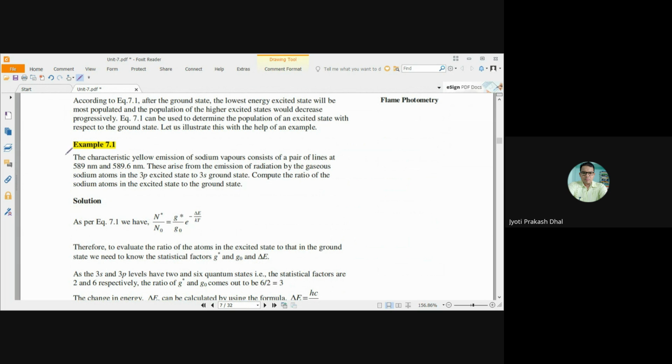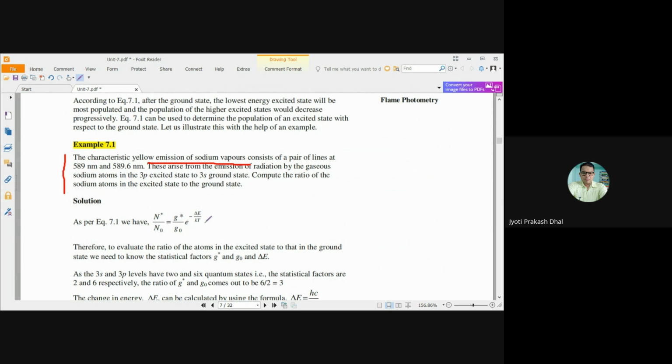So here one example is there. From that example we can understand how many atoms, or the population of the atoms, are present in the excited state and in the ground state. The characteristic yellow emission of sodium vapor.